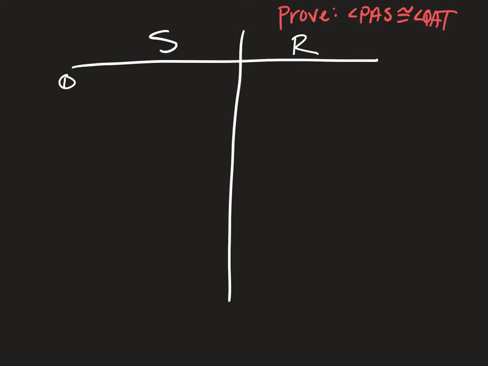All right, so we're going to split up our given statement into 2 lines. So we know that angle PAQ is congruent to angle RAS. And we know that angle RAS is congruent to angle SAT.